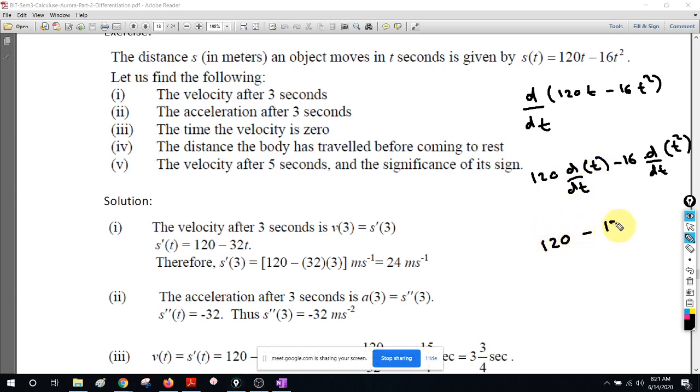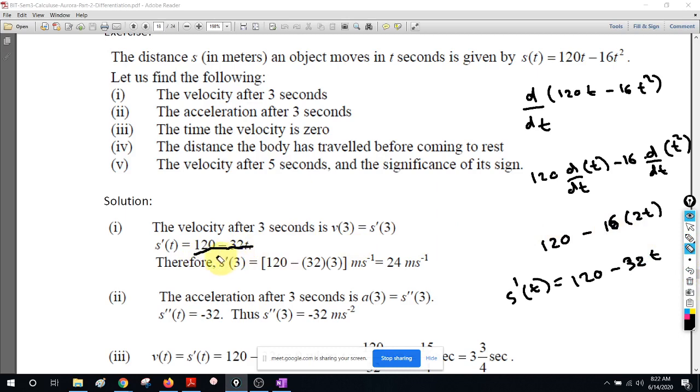So 120 times 1 minus 16 times 2t, that is 16 into 2 is 32t. So our s dash t, the velocity function, is 120 minus 32t, right?